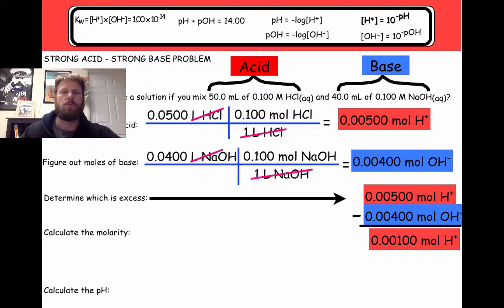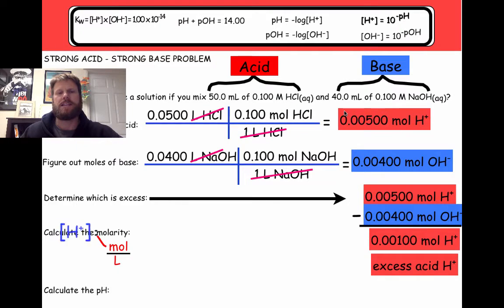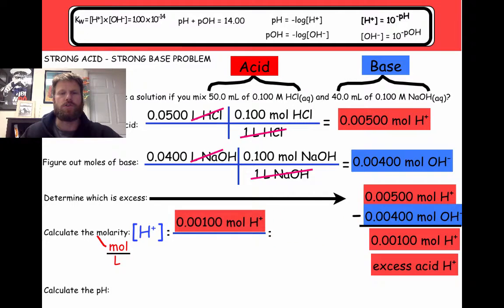To calculate the pH, I simply have to determine the new concentration and then take the negative log of the H plus concentration. So since I mixed 50 milliliters and 40 milliliters, my new volume is 90 milliliters. So I can take the moles of H plus that is left over, 0.00100, and divide by 0.0900 liters.